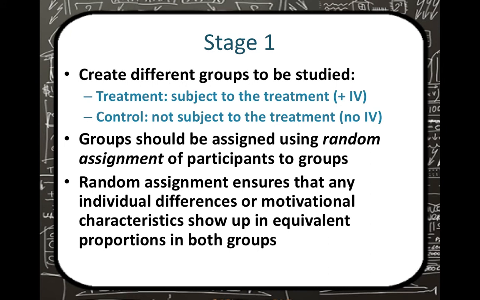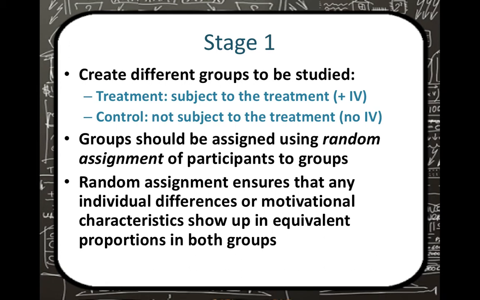So random assignment ensures that any individual differences or motivational characteristics show up in equivalent proportions in both groups. So what that means is that if we start with our overall sample of participants, and then we use some random method to assign half to one group and half to the other, we would expect any particular individual characteristics that may confound our study to be randomly assigned to be equal in both groups, right?